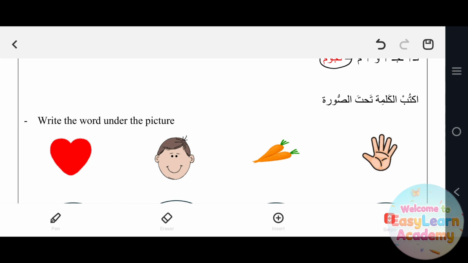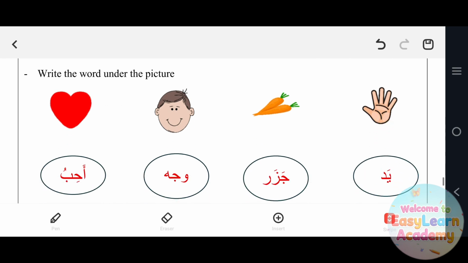The first one is yedun, the second one is khazarun, the third one is wajhun, and the last one is ohebo. Or you can write ohebo, which means love, or kolbun, which means heart.